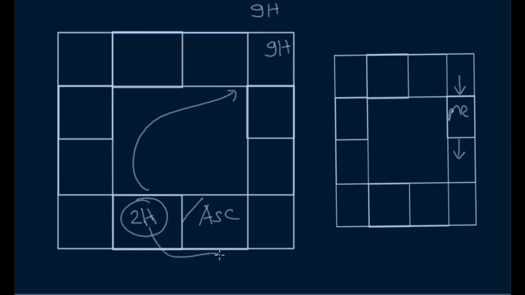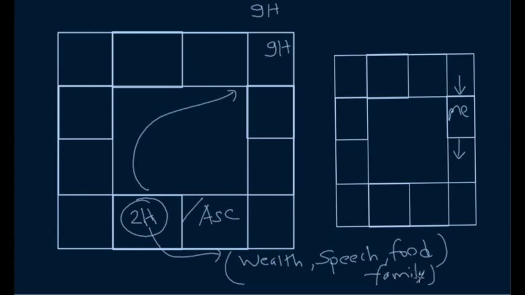So your wealth will be affected, your family will be affected, your speech will be affected, your food that you get, that will get affected. Okay, even family also, you can say the comfort coming from family, that is also afflicted when Saturn transits over Mercury. Okay, that's a D9 chart. This is a D1 chart.